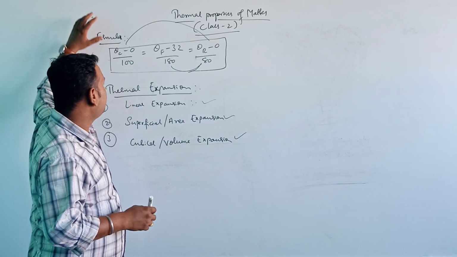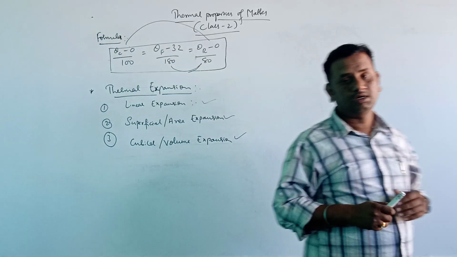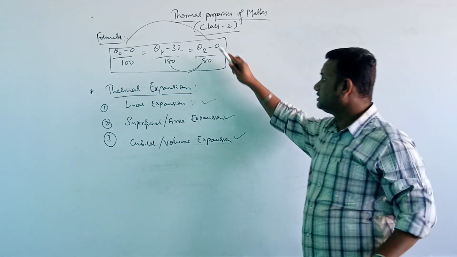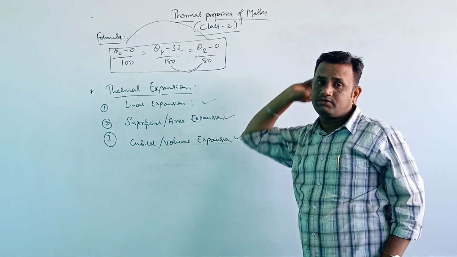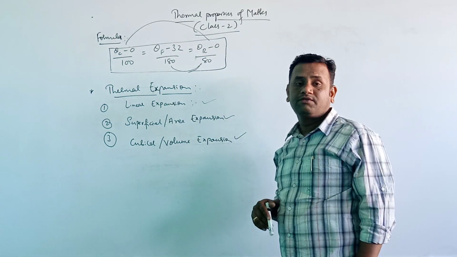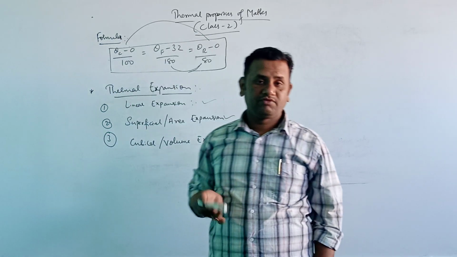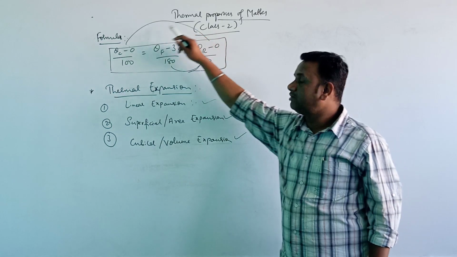Today we have discussed the conversion of one temperature scale to another, which is a very important formula. How can we convert from degree Celsius to Fahrenheit, Fahrenheit to Reaumur, Reaumur to Celsius, Celsius to Reaumur, Fahrenheit to Celsius. This is the commonly used formula.